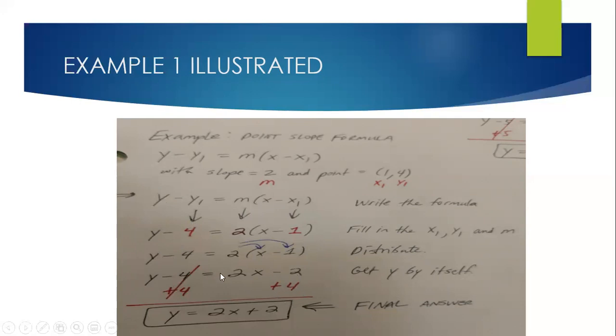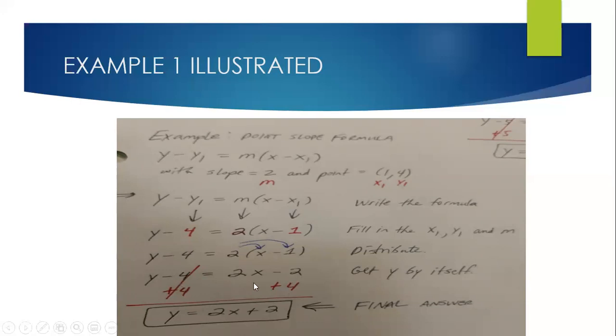Now, notice that 2x doesn't combine with plus 4. There's a reason why 2x doesn't combine with plus 4. They're not like terms. And because they aren't like terms, they can't combine together. When you add the 4 to both sides, you only add it to the number that's by itself. 4 is a number by itself, minus 2 is a number by itself.